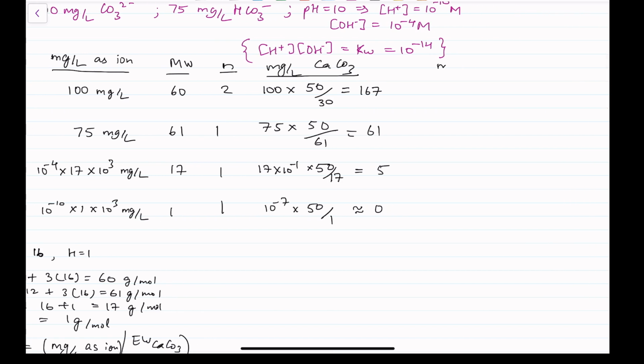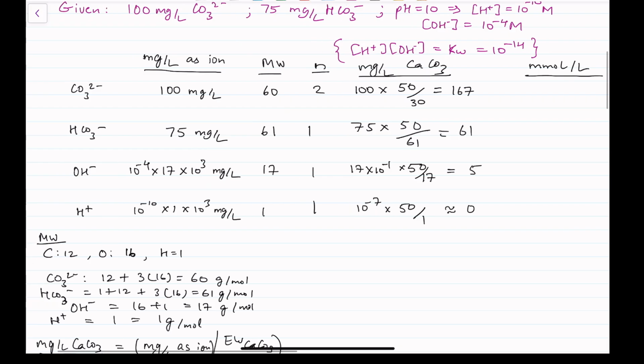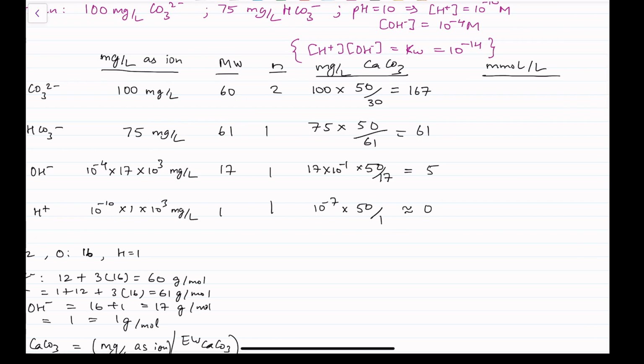And now if we do millimoles per liter, this would be 100 milligrams per liter divided by 60 milligram per millimole. This would be 75 divided by 61.